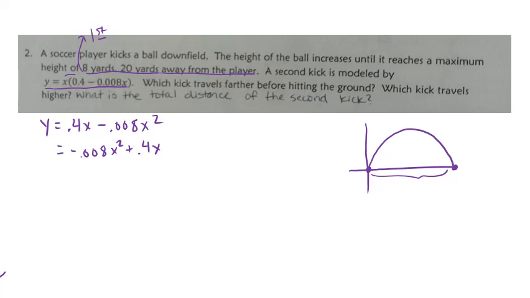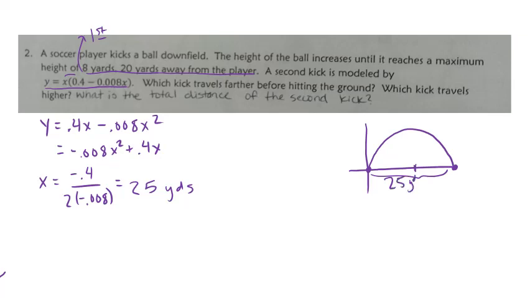Okay. So we're going to start again by finding the vertex. So we're going to do x equals negative b over 2 times a. Okay, and I got a clean 25 out of there. So we're looking at 25 yards. And again, that's just going to be halfway through. So that's where the vertex is.